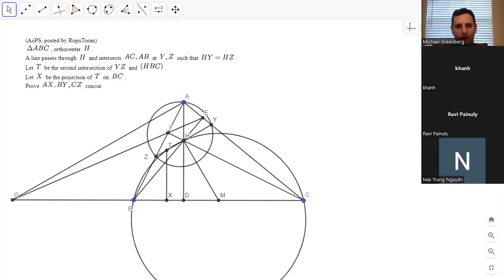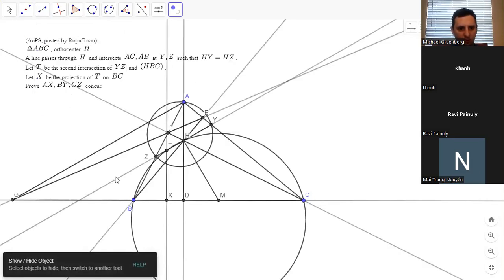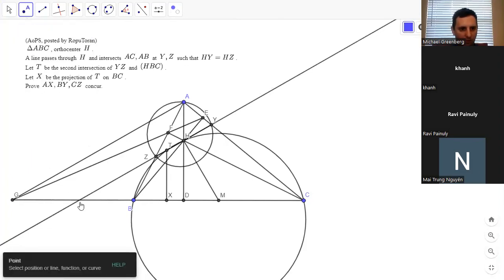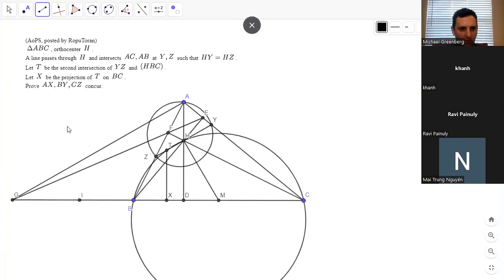Oh yeah? I'm just predicting. Can you let YZ meet BC at a point? Yeah. So we know that AX, BY, and CZ concur is equivalent to saying that the cross ratio is equal to -1, right?